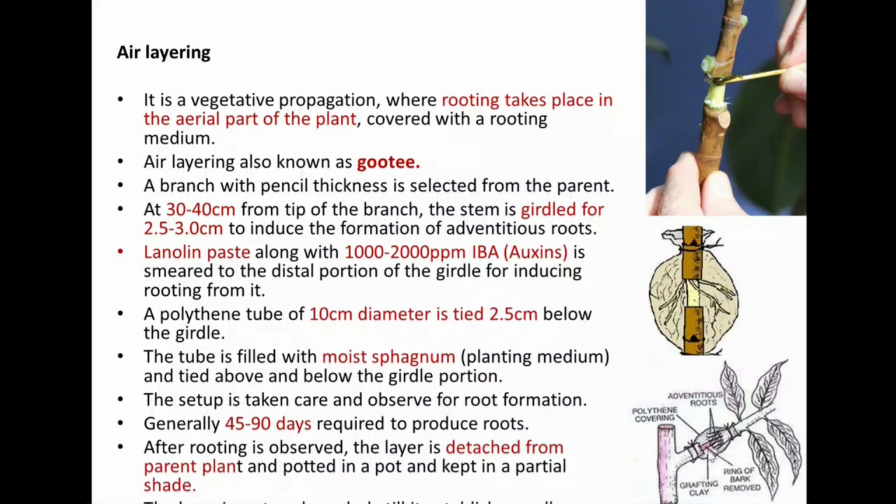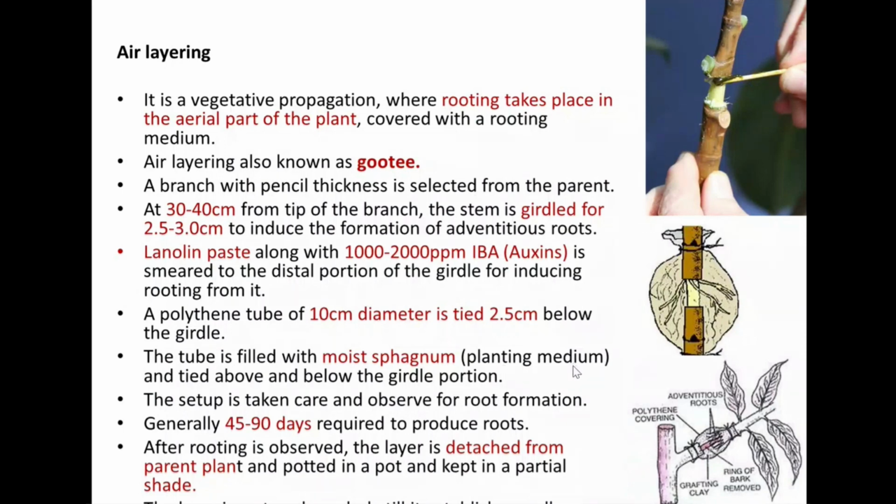Any planting medium you can fill inside. Then tie above and below the girdle portion. You made the incision like this, put one polythene bag here and tied here, tied there, and inside you filled with the medium.